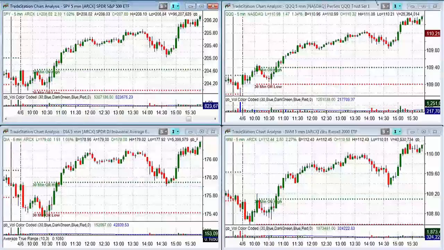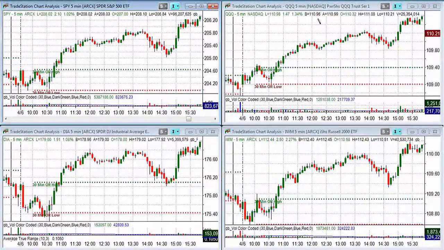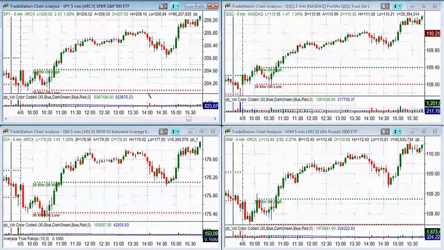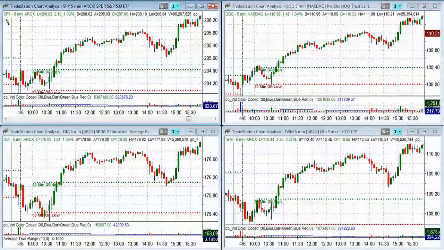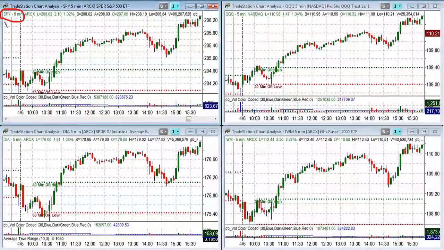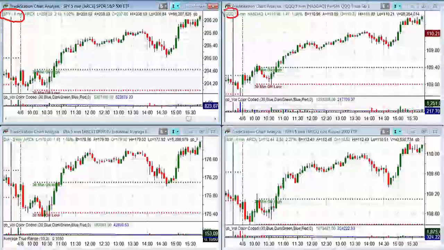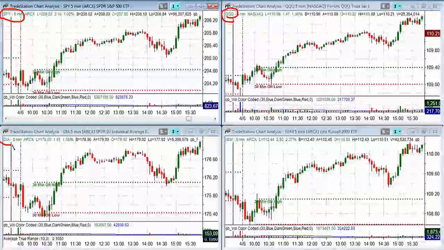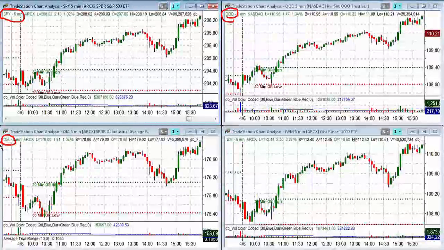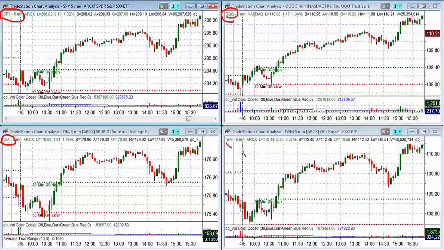Here's an example. So the way I suggest you set up your screen, obviously there's plenty of variations of this, but I've got ETFs for the SPYs for the S&P 500, the Qs, NASDAQ, the Diamonds, the Dow, and IWM for the Russell 2000.